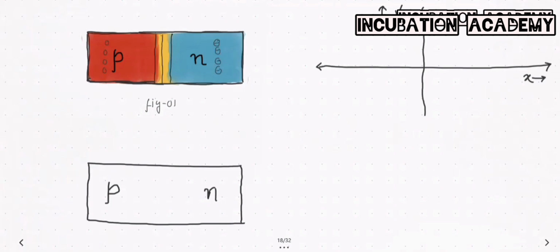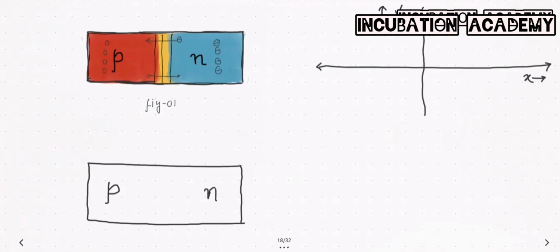P has the deficiency of electrons and the N type has the deficiency of holes. So the electrons basically move from the N to P side. Similarly, the holes will move from P side to N side. Now try to understand that neither the P type nor the N type semiconducting bar is positively or negatively charged.